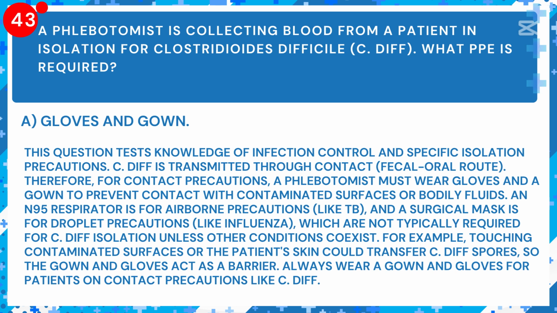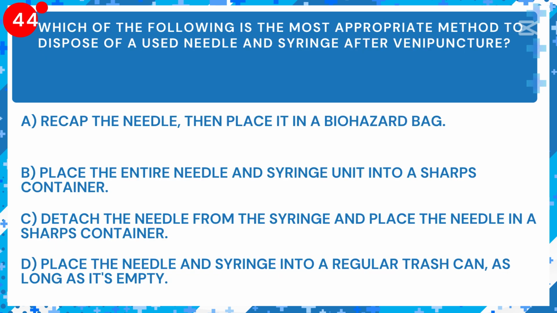For example, touching contaminated surfaces or the patient's skin could transfer C. diff spores, so the gown and gloves act as a barrier. Always wear a gown and gloves for patients on contact precautions like C. diff. Question 44. Which of the following is the most appropriate method to dispose of a used needle and syringe after venipuncture?